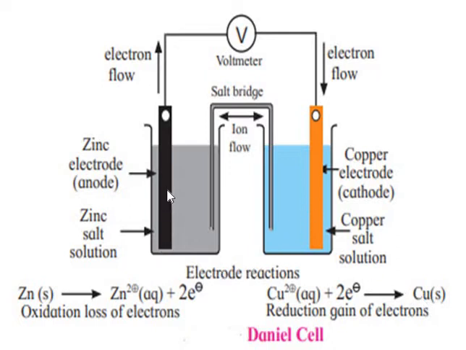In these reactions, the zinc metal rod dissolves in the solution and its size is reduced. In the copper sulfate solution, the copper ions deposit on the surface of the copper strip, so the size of the strip increases. This is the Daniell cell.